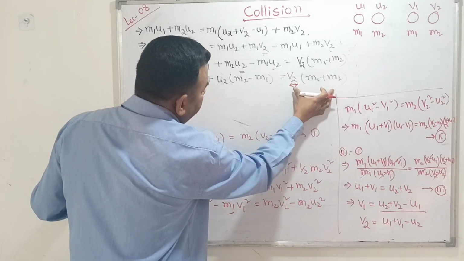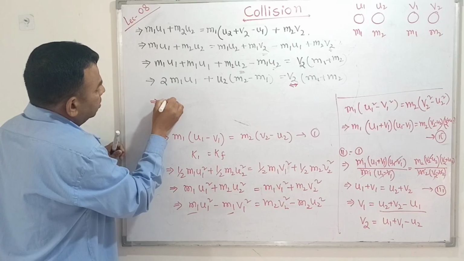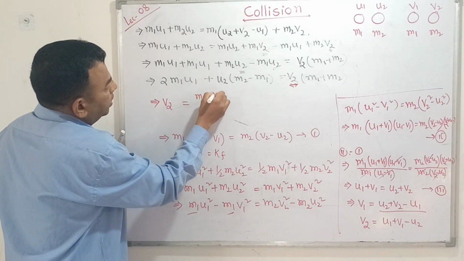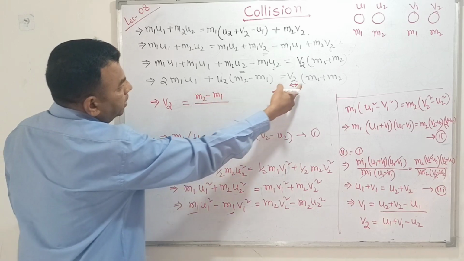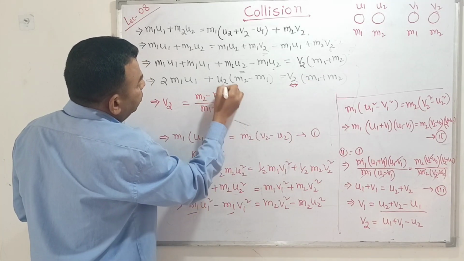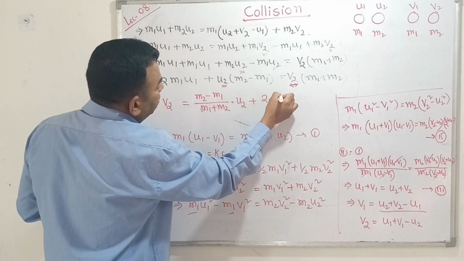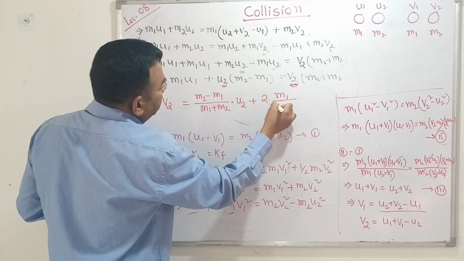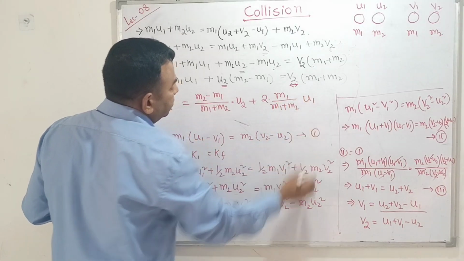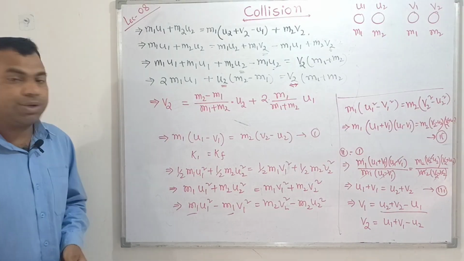So let us assume that this is the left hand side and that is the right hand side. So b2 equals, on the right side, m2 minus m1 divided by m1 plus m2 into u2, plus 2 into m1 divided by m1 plus m2 into u1. This is the formula to find b2.